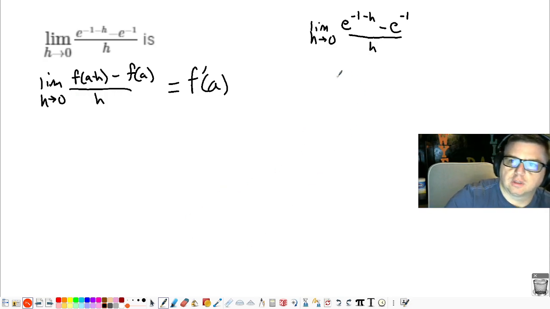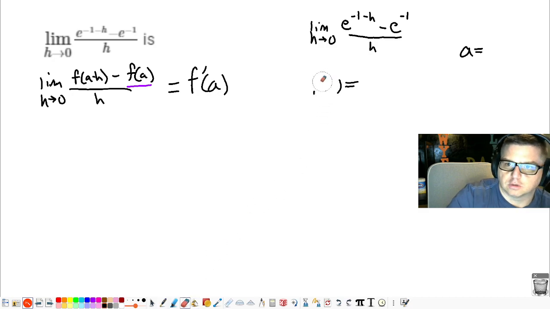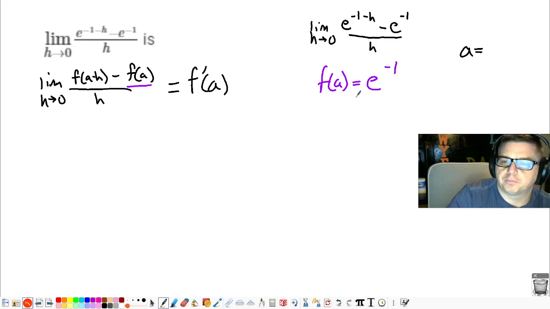So the first thing that we want to kind of focus on is, what is our function? Remember we talked about this, and what is the a value they want us to plug in? So if we think about f of a, this one right here is probably the easiest to pull from. So let's start that actually. Let's do f of a. And f of a in this is e to the negative 1.